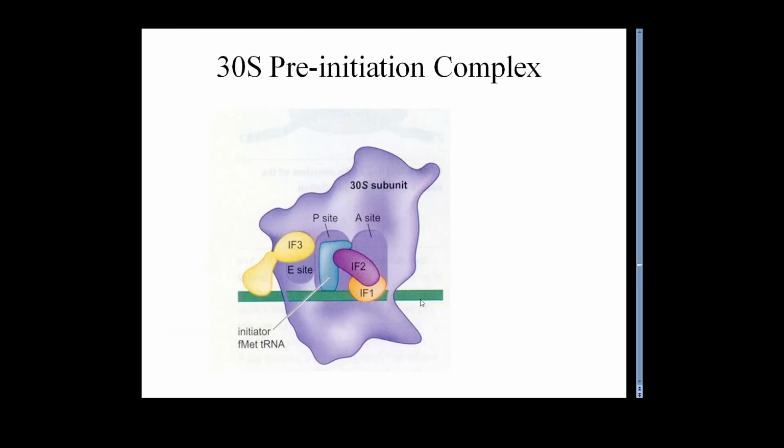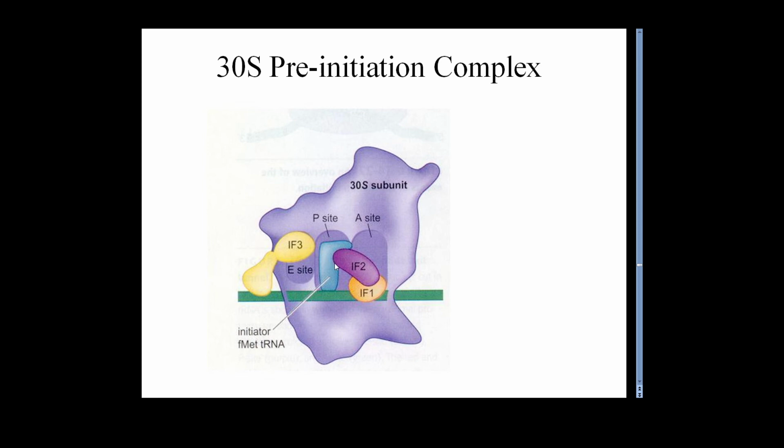Next, we talked about three sites in ribosomes, and beginning of translation begins from association with initiation factors. The small subunit will be bound with the initiation factors. In prokaryotes, initiation factors 1, 2, and 3.